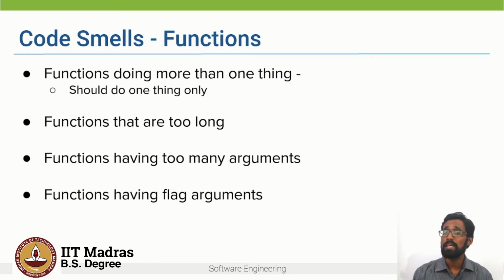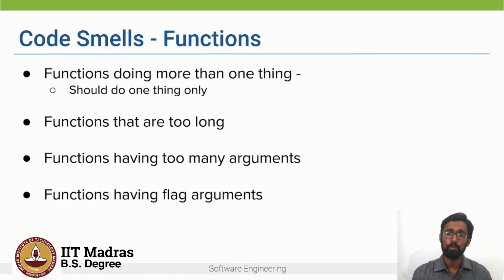Functions having flag arguments are also problematic, right? So what are flag arguments? Based on the value of the flag, the function will do a particular set of operations. In earlier weeks, we saw that this is control coupling, and this is not desirable.